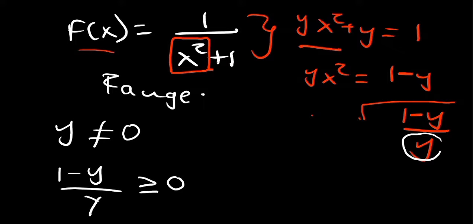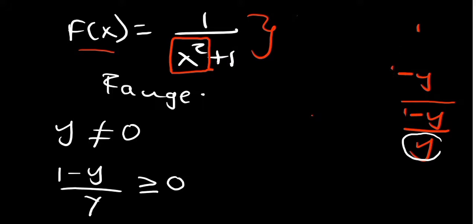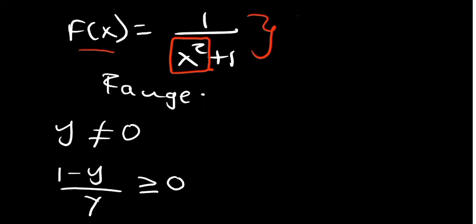Okay, so now using the two conditions, let's try to find the values of y that we should expect after plugging in the values of x in that function. Even before solving, if you look at that function, it's 1 over x squared plus 1. All the values that we put in under x squared, whether positive or negative, are still going to give us positive numbers.